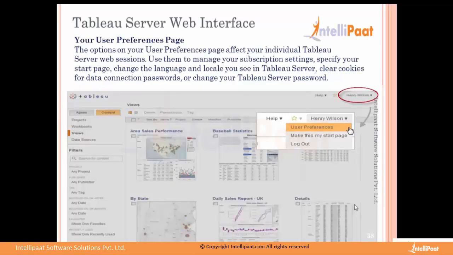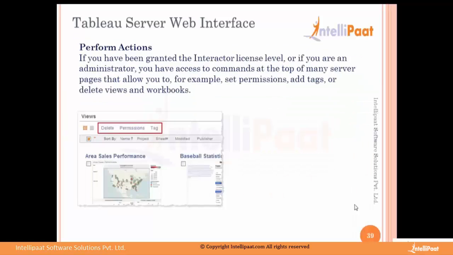And we also saw how we can make a particular thing as my start page, and we saw how we can do the sorting, and also we have permissions to delete or set permissions. We look at set permissions later. We looked at how deletion can be done and how we can delete a project or delete some views, dashboards and workbooks.